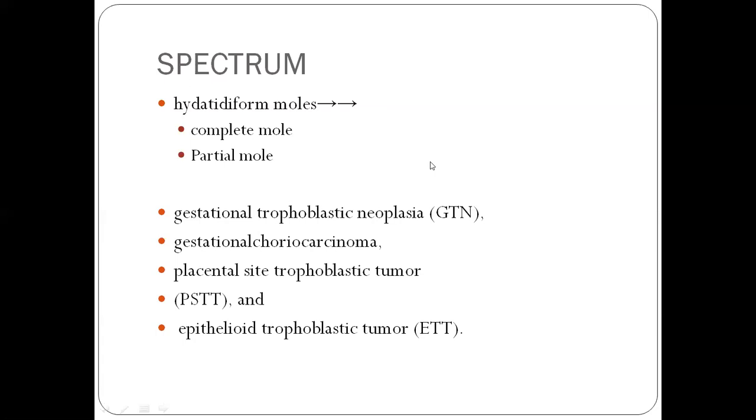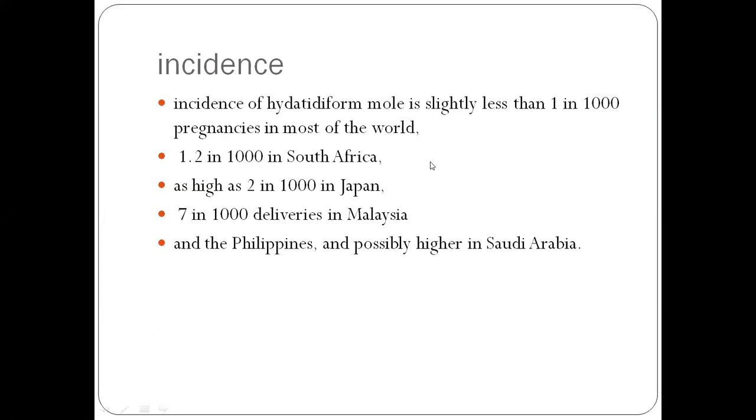The incidence varies from place to place. Globally it is about 1 out of every 1,000 pregnancies. There are parts of the world where it's perhaps higher. For example, in South Africa, it's about 1.2 in 1,000.